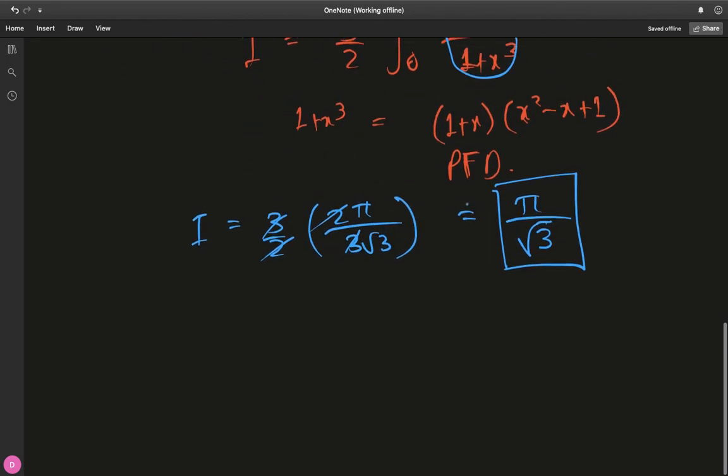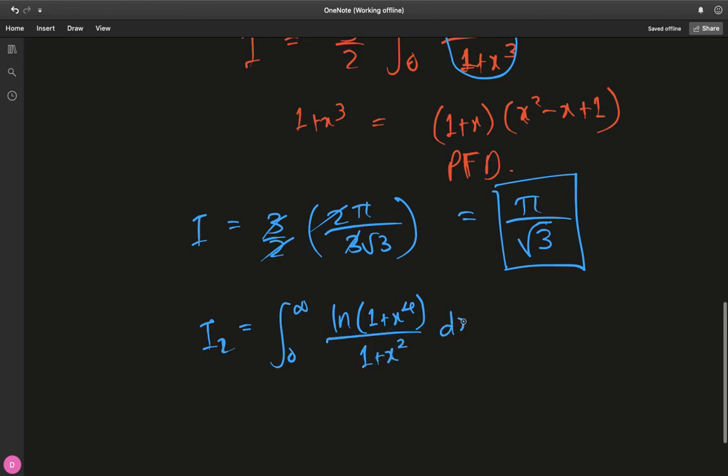Now if you want, I can give you one integral to try during your period of boredom. See, I2 is equal to the integral from 0 to infinity of natural log of 1 plus x to the 4 divided by 1 plus x squared dx.